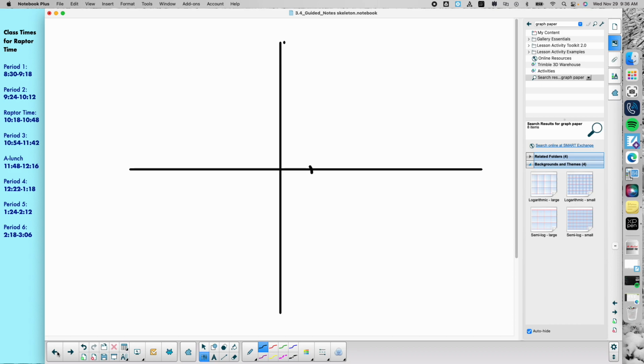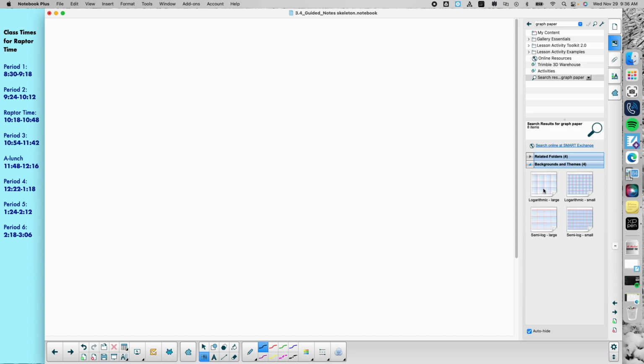What happened to my blank? Logarithmic? I do not want logarithmic graph paper. Okay, that was a lot of work for nothing.